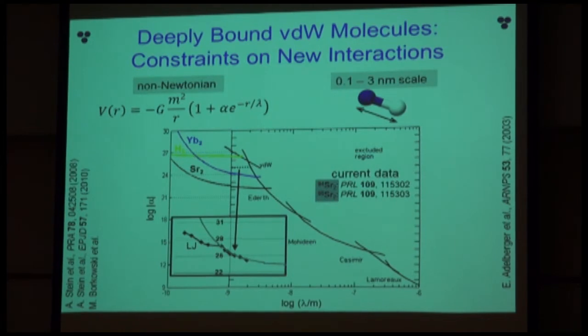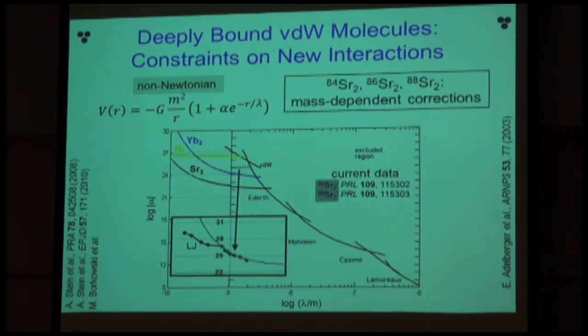But anyway, this is based mostly on data from 2 isotopes from our lab and from another lab in Innsbruck. One needs at least 2 isotopes because these are mass-dependent interactions. But these are mostly quite weakly bound levels, and we gain exponentially by going to deeper dimers. So that's the goal.